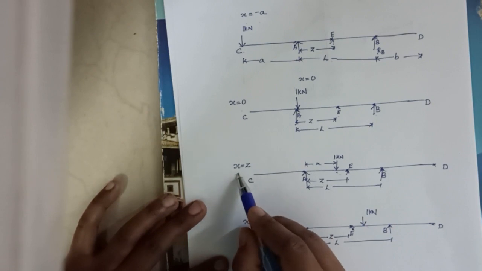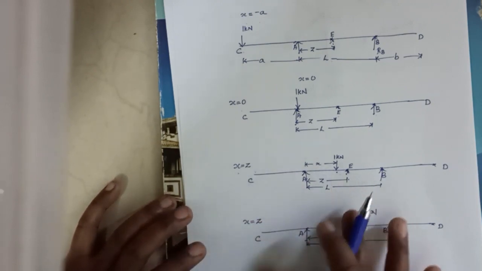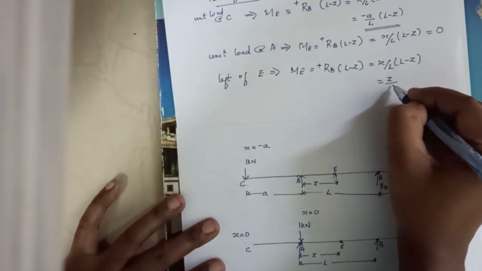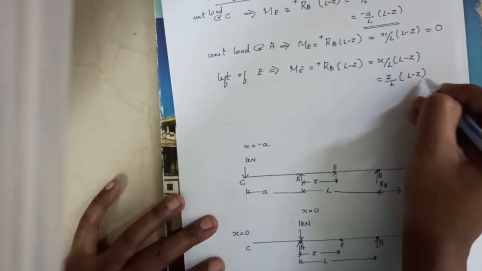Here the x value is equal to z. So, the value is equal to z by L into L minus z.